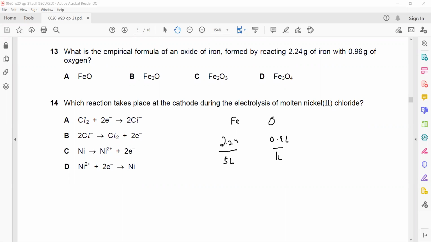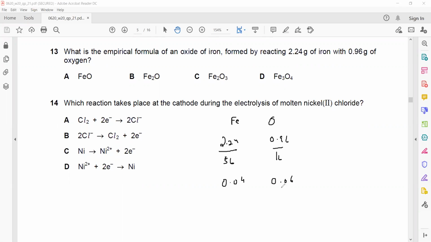Answer for this. So it is 0.04. What about oxygen? 0.96 divided by 16. 0.06.